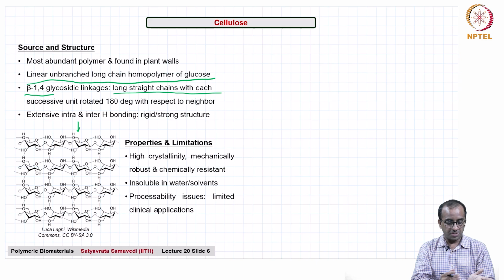So, you see here these rings are shown in a three-dimensional structure for you to better appreciate where the hydrogens and the hydroxyl groups stick out. And you can see that each successive ring is rotated 180 degrees with respect to the previous ring. And that is because of the nature of the bond that is formed between the two units.